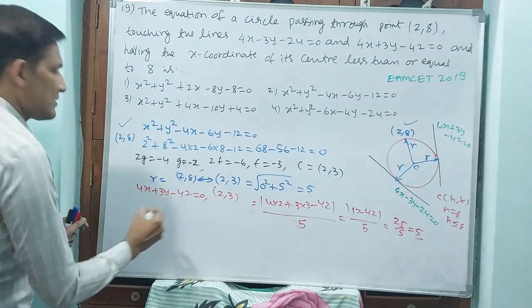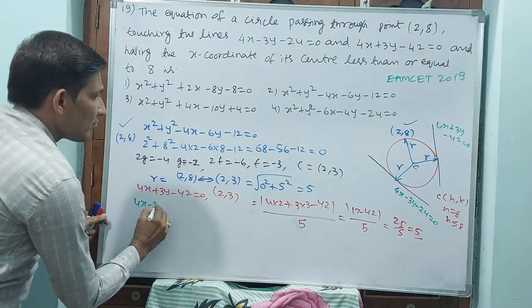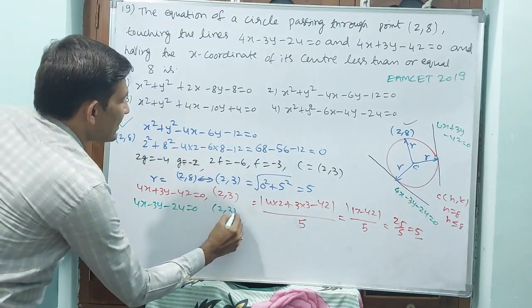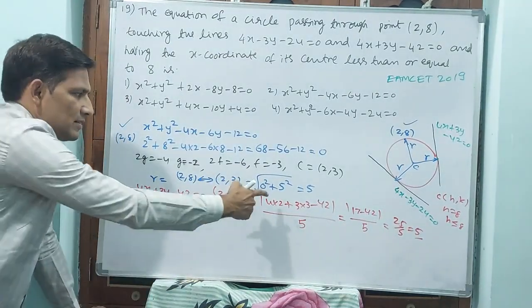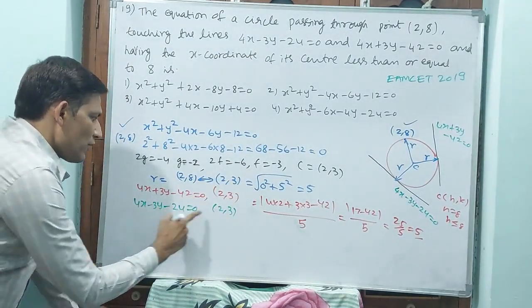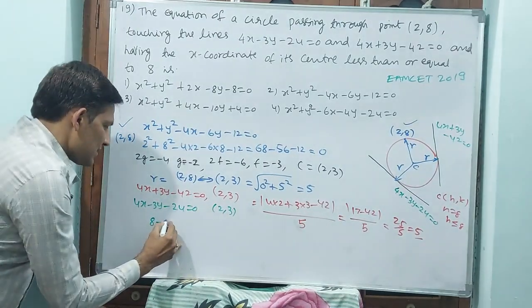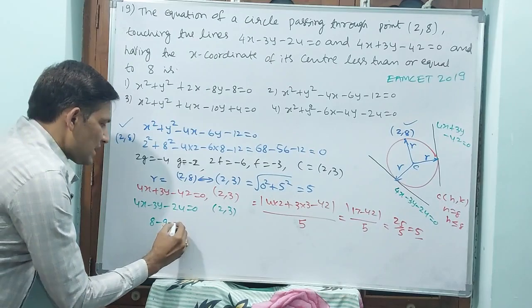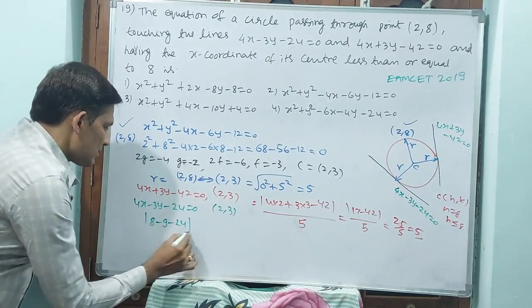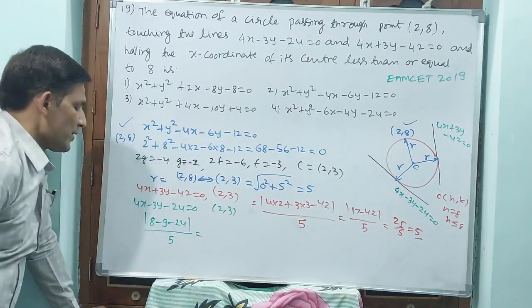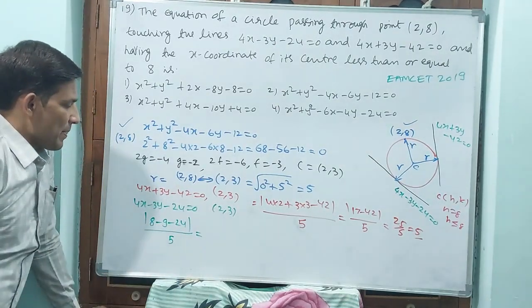See, 4x minus 3y minus 24 equal to 0 and (2, 3). Same as that question.